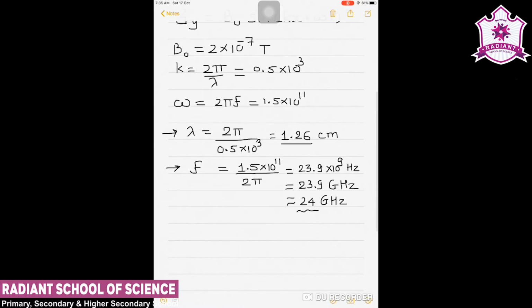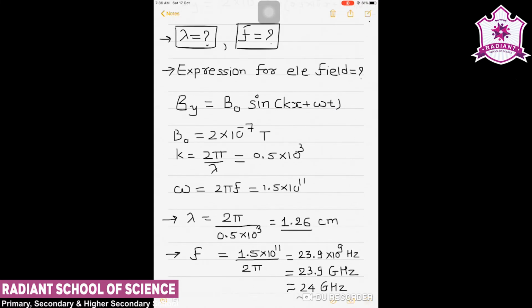Now it is clear that the electromagnetic wave is moving on the x-axis. How can we determine it?